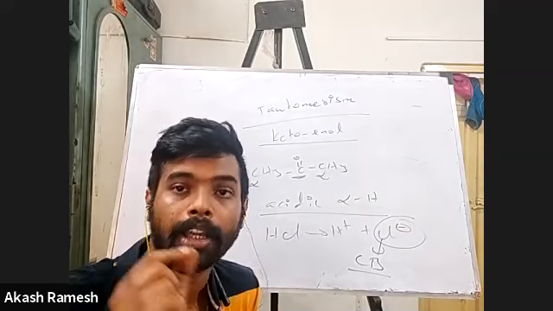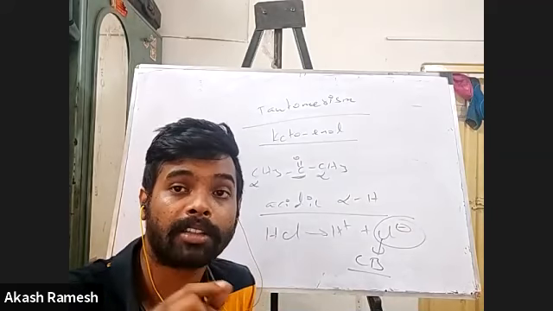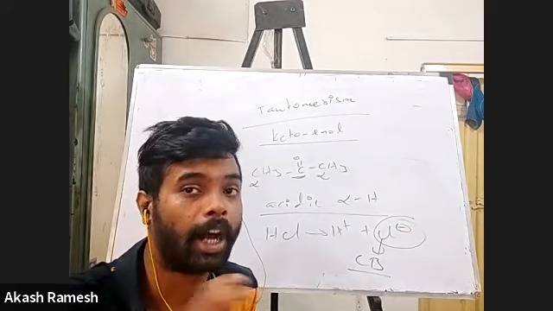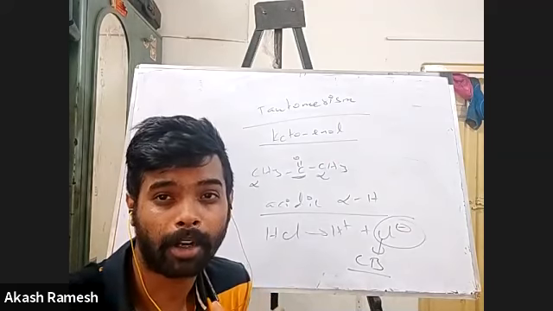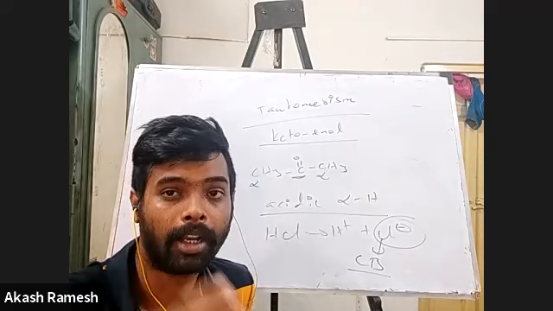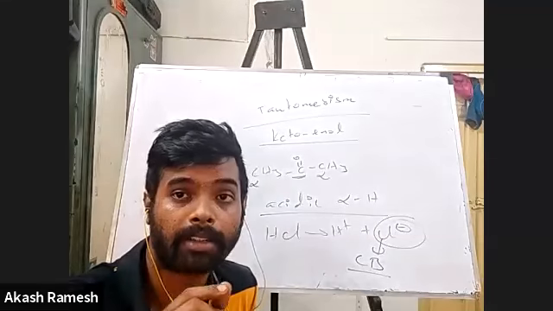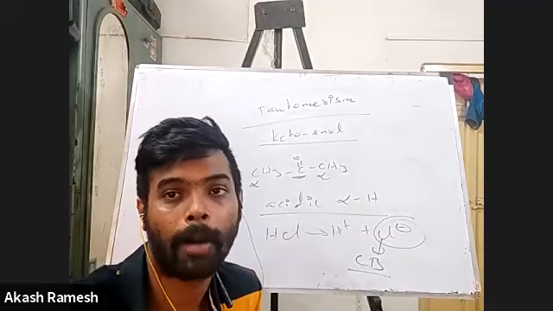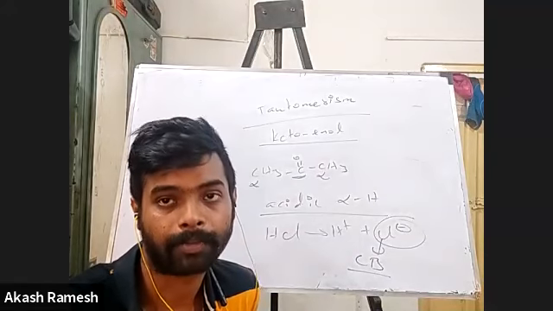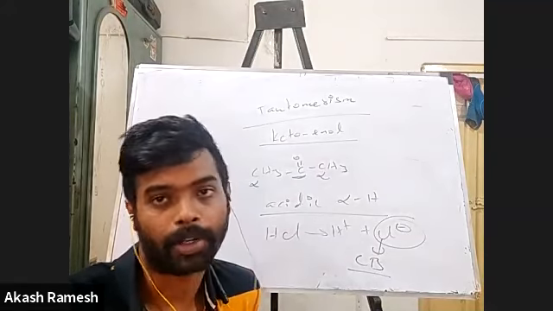How do you determine whether stable or not? That will come later. So first thing is, if you find that the conjugate base is stable, that particular compound can act as an acid. That's the point.